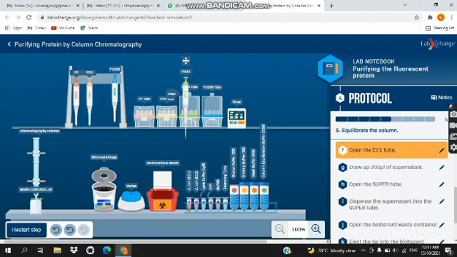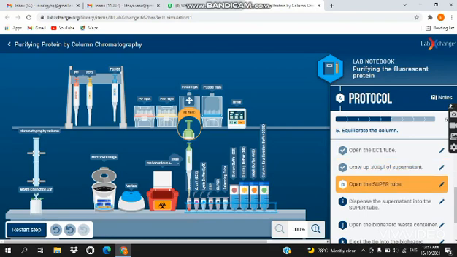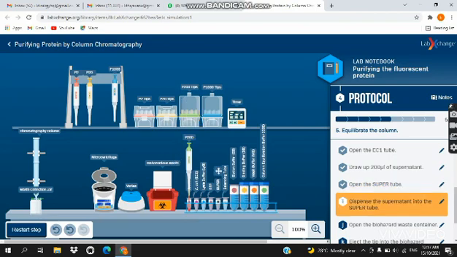So open the EC1 and draw up the supernatant and open the super tube. Dispense the supernatant into the super tube.